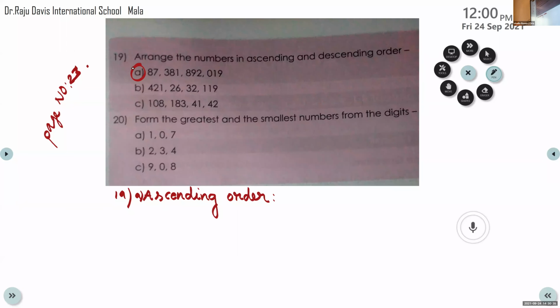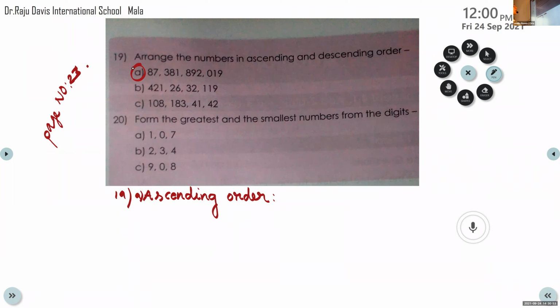So 2-digit numbers or 3-digit numbers, we have to arrange in ascending order, from smallest to biggest.